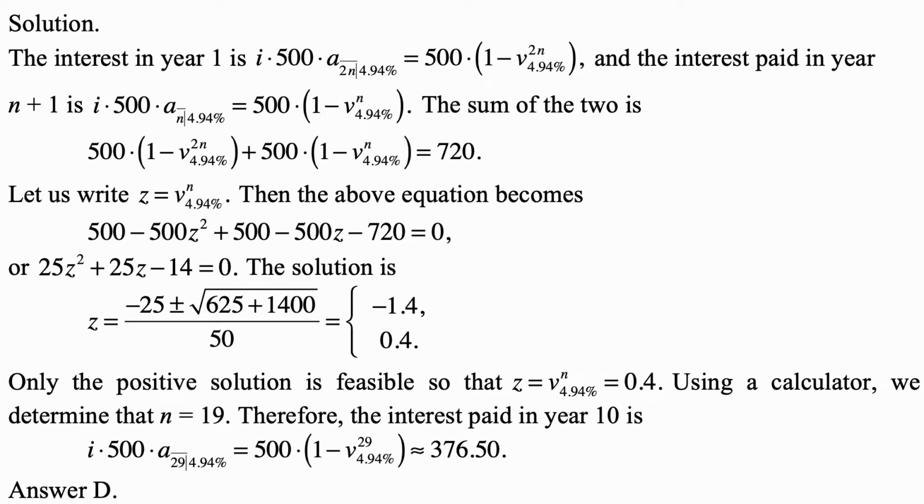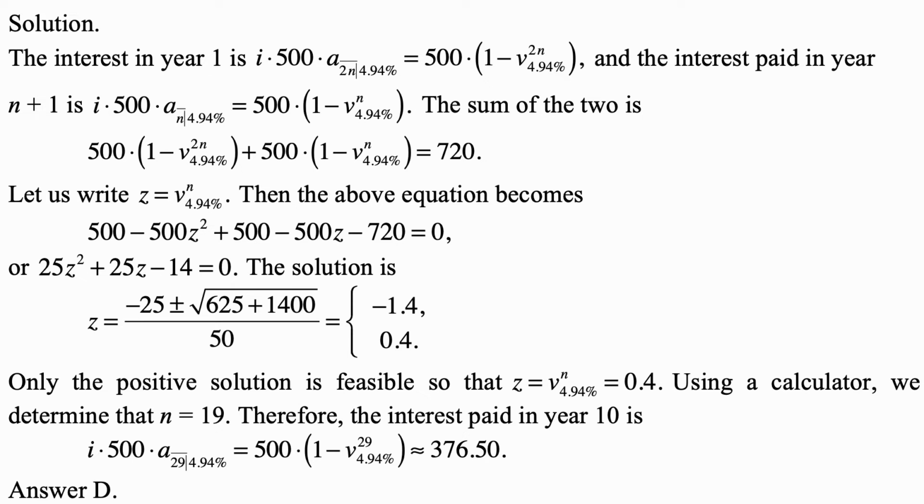We would have also 500 plus 500 minus 720. Subtract that, divide by 20, and we would get 14. So after we simplify everything, this becomes 25z squared plus 25z minus 14 is equal to 0.